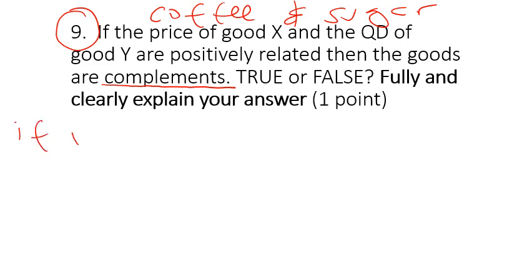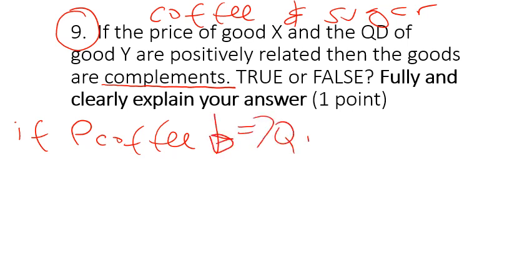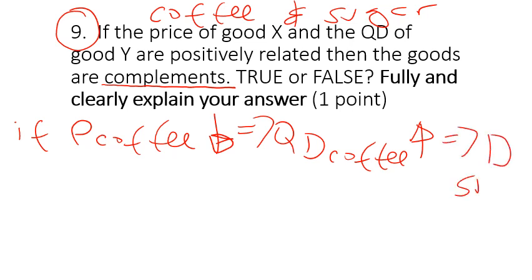If the price of coffee goes down, let's say, then what happens to the quantity demanded for coffee? Goes up. And the question is, what happens to the demand for sugar? Well, if more coffee is being drunk, then the demand for sugar is going to be higher.